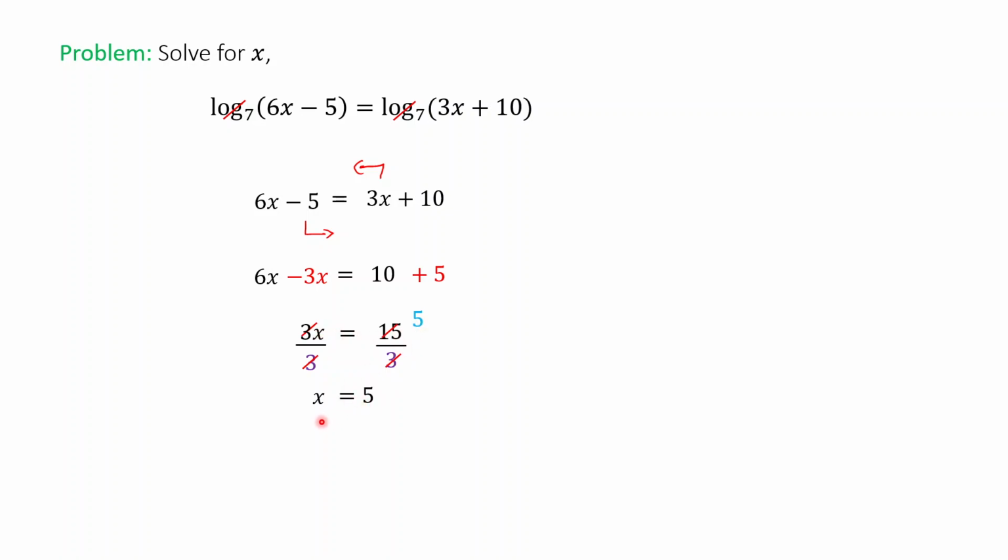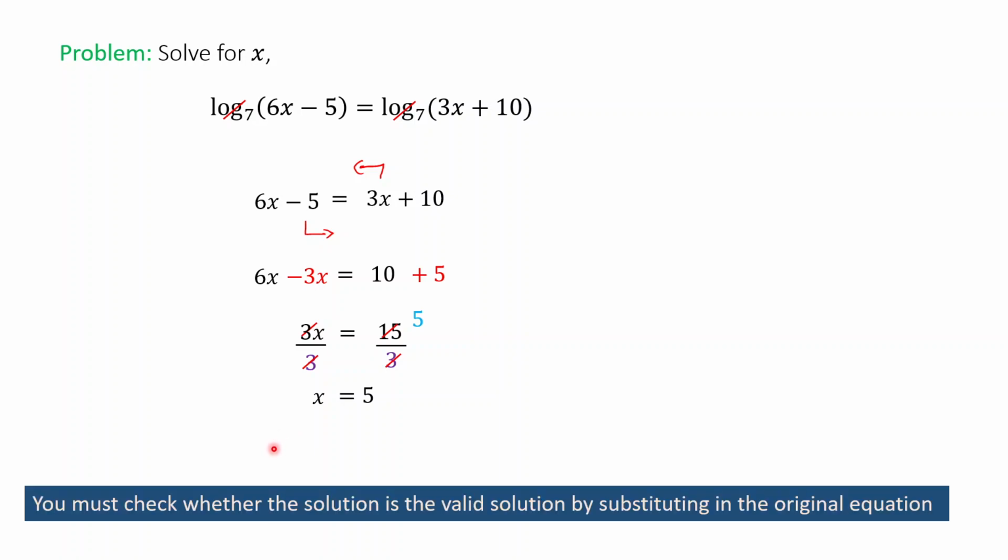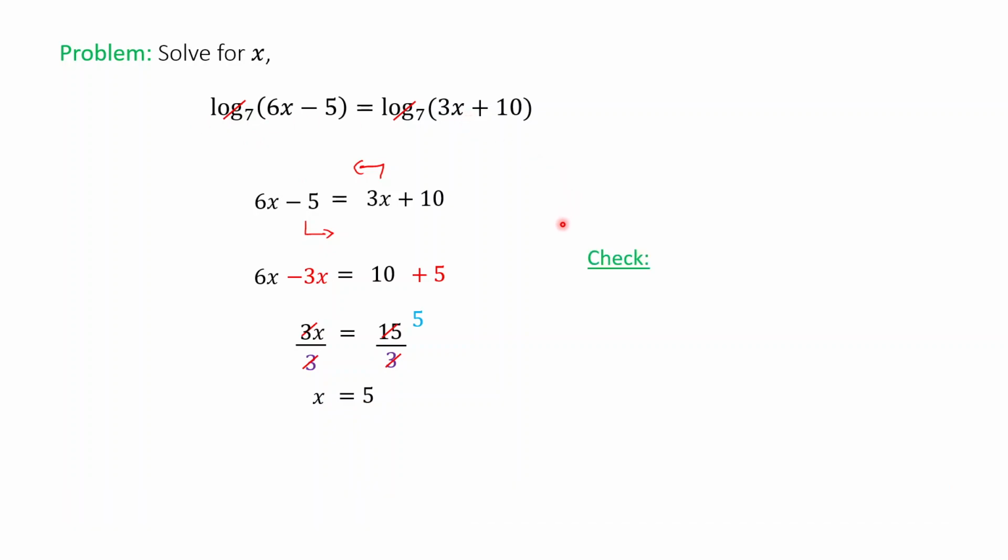Now you need to check whether this is the valid solution to this equation. Let us check. Substitute 5 for x in this equation, you get this. Now you simplify this. Log base 7, 6 times 5, 30, minus 5 is equal to log base 7, 3 times 5, 15, plus 10.